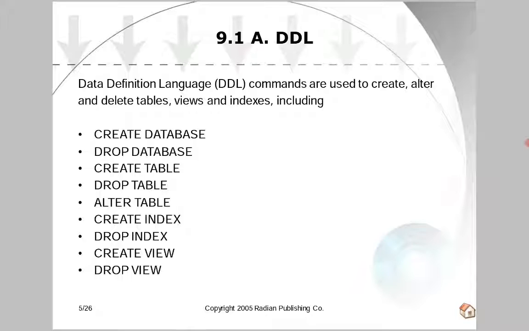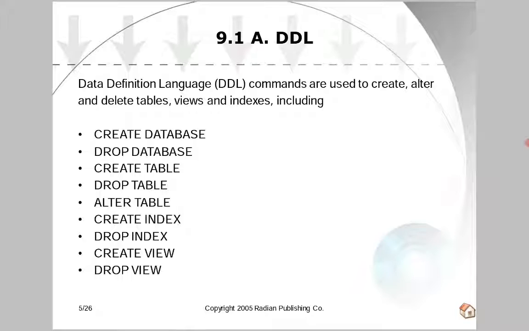Create database is used to create databases. Drop database means to remove or delete all the database files. Create table is used to create tables in any database. Drop table means to remove database files like tables and records. Alter table means to modify or change the structure of a table.